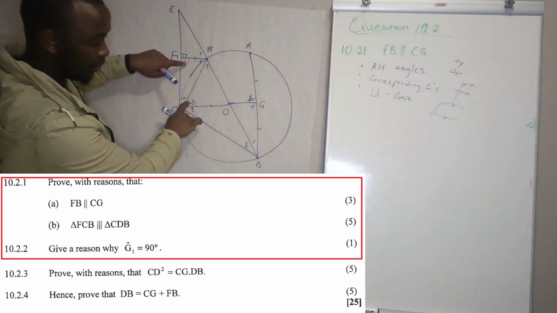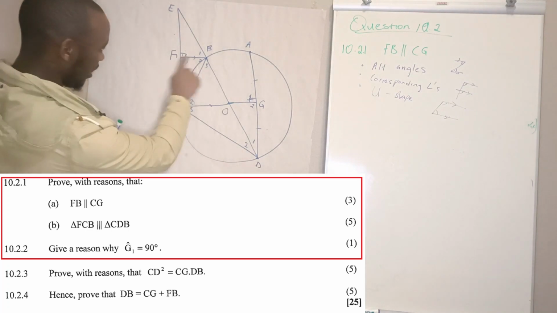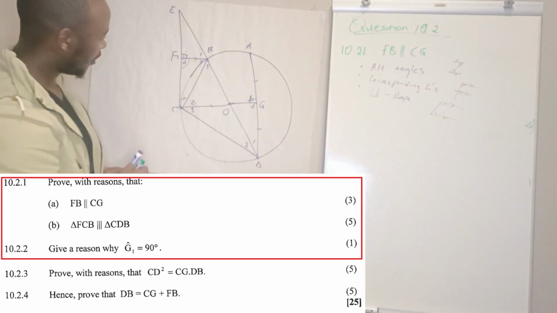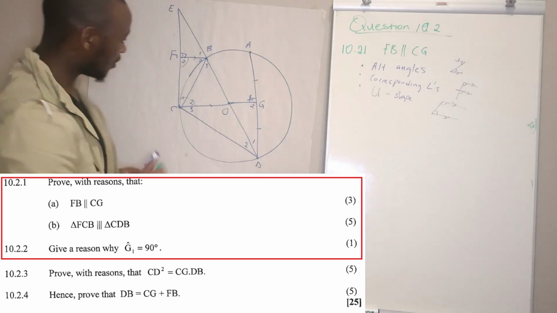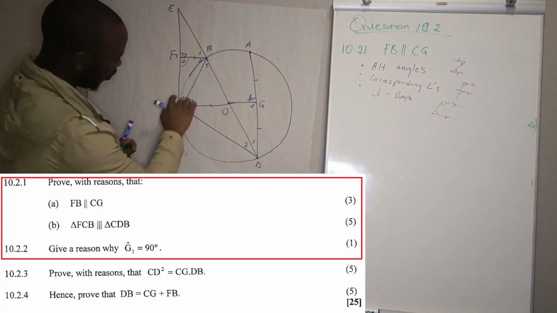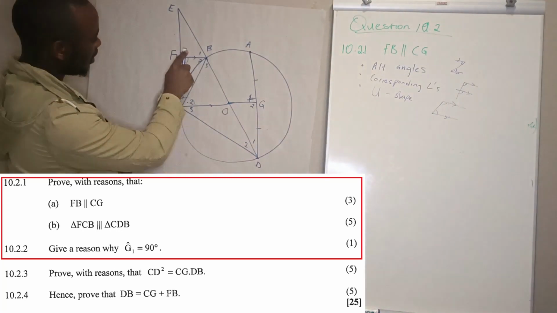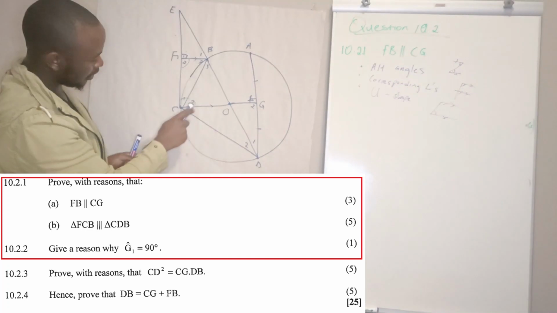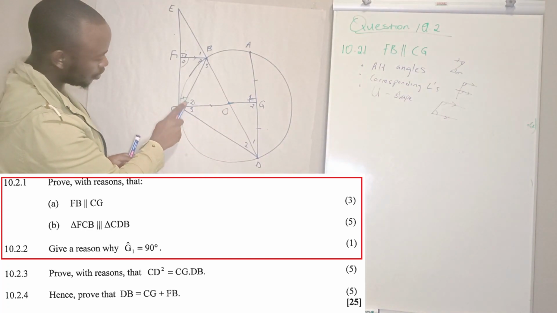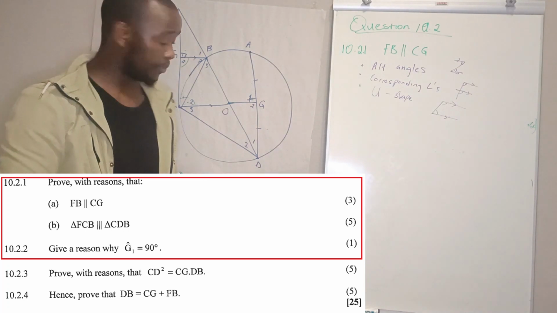These ones should be supplementary, these should be equal, corresponding angles. And then we also see a nice Z there. So we have various options. We can prove that this angle is equal to this one, or this entire angle is supplementary to this one, or this angle here is indeed equal to this one. Any one that can make your job easy.